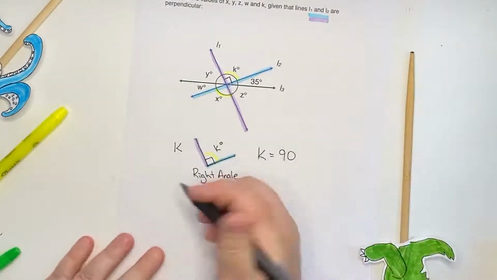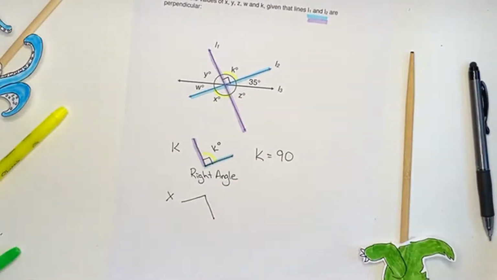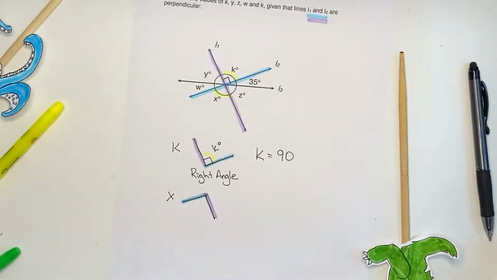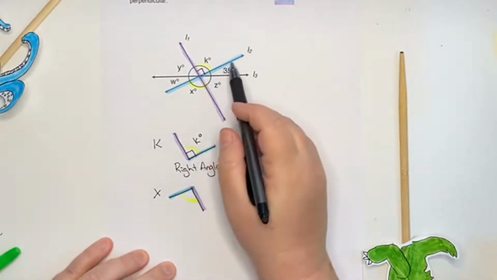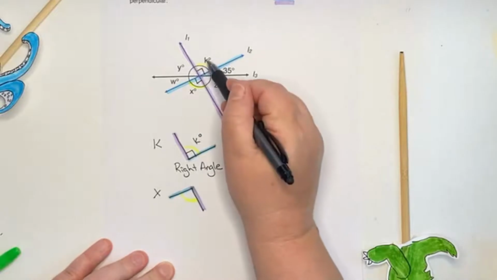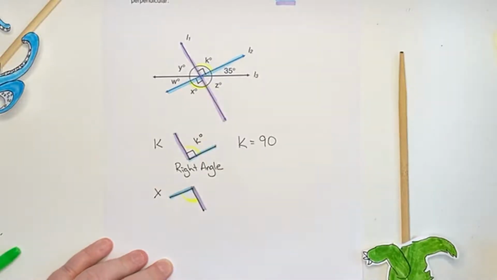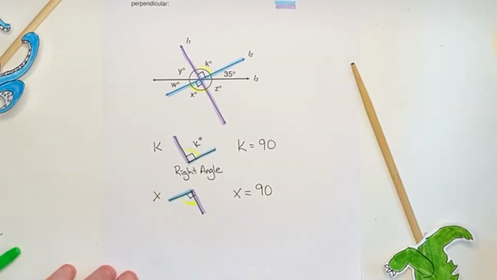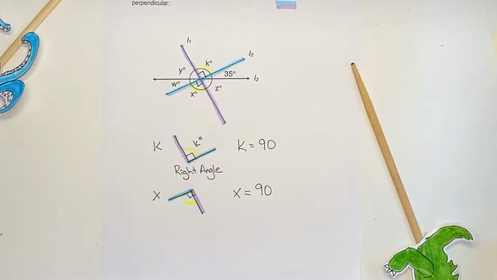So I believe X, this one, is also a right angle. Why? We know these two lines are perpendicular, so every place where they meet is a right angle, but also these two angles are vertical angles. So X is 90, either because of the perpendicular lines, or because it is opposite K. K and X form vertical angles.